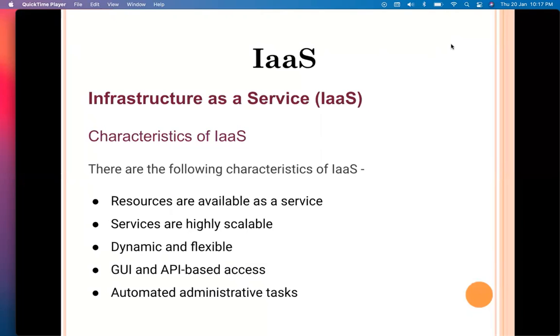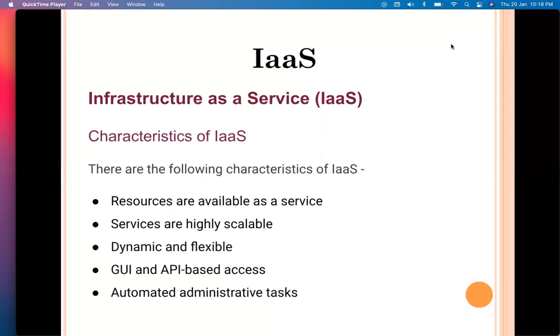Different cloud customers can share those resources through the internet as per their demand, and as per use they have to pay charges, like electricity, where you pay per unit.